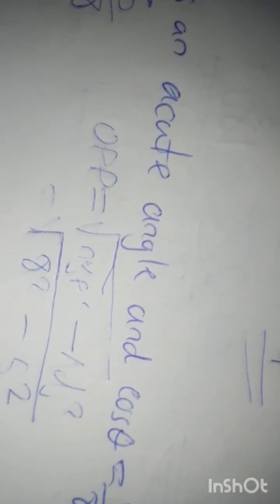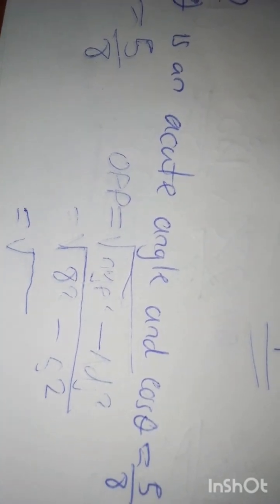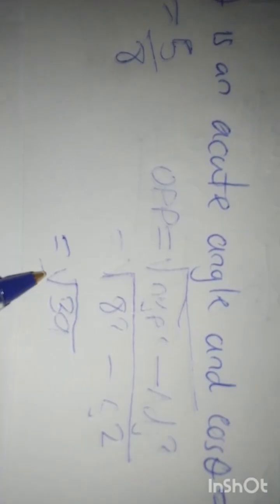What's 8 squared? 8 squared is 64. 64 minus 25. So root of 64 minus 5 squared, which is 25. 64 minus 25 gives us root of 39. 39 doesn't have a whole root, so we end from here.